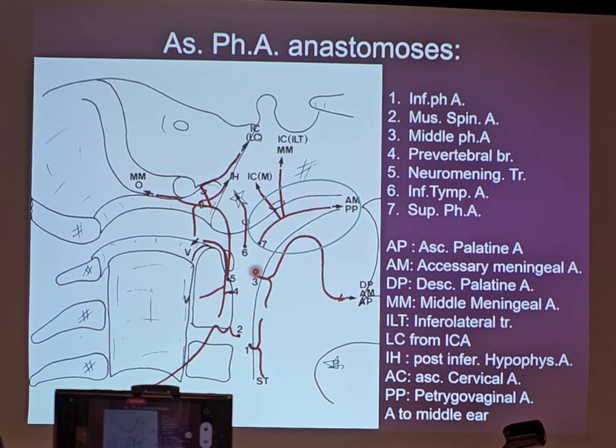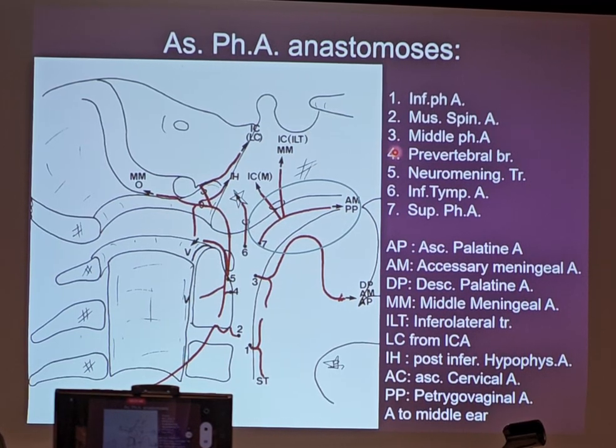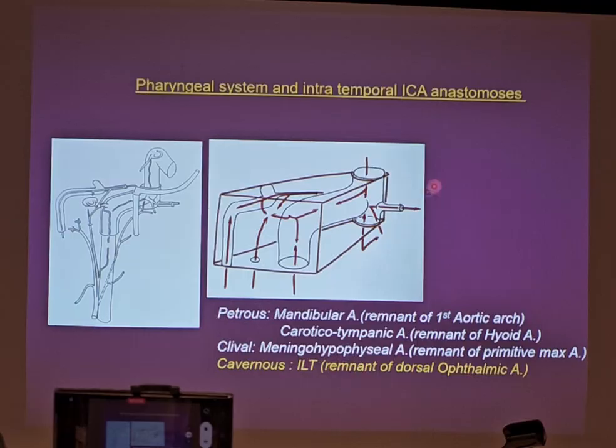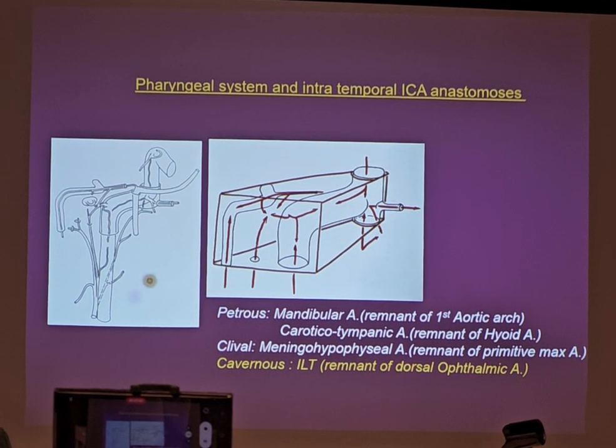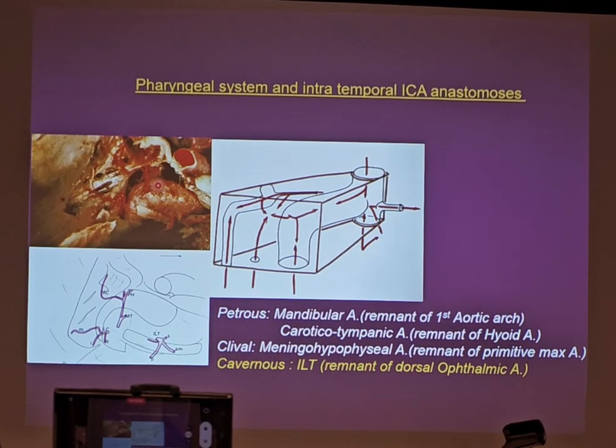And not only that, there is the clival system that can recruit all the branches to also contribute to the internal carotid system. So all these possible connections make you understand that we may divide them into three groups, the cavernous group, the petrous group, and the clival group, that can have the connection between the ascending pharyngeal and the internal carotid artery.